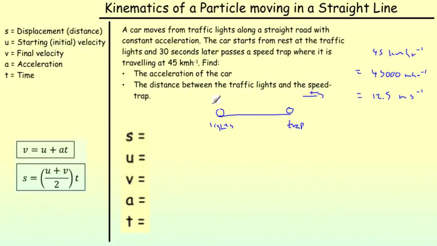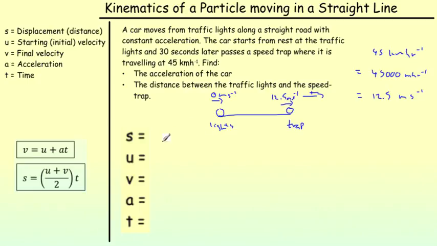Let's start to fill in what we know. It's starting at the lights from rest. That means that the car starts with an initial velocity of 0 meters per second. When it gets to the trap, it's at what we just worked out, 12.5 meters per second. And we know that it takes 30 seconds to do that.